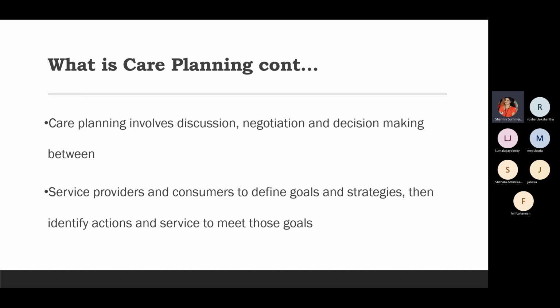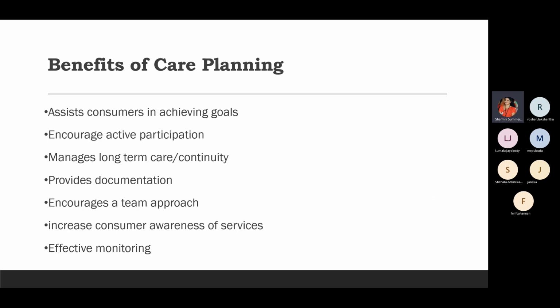That means we are incorporating the patients also inside our care planning, right? And we need to identify the actions and services, what we can do in order to meet those goals, right? So this is regarding the care planning.